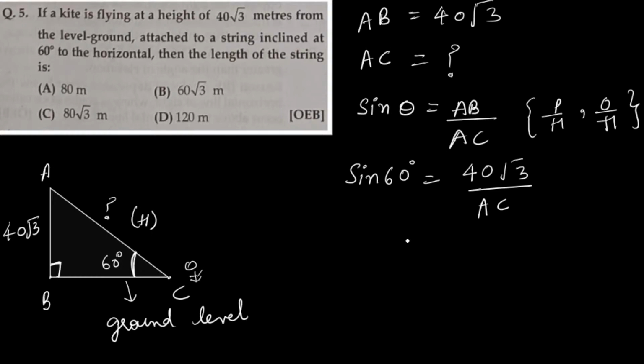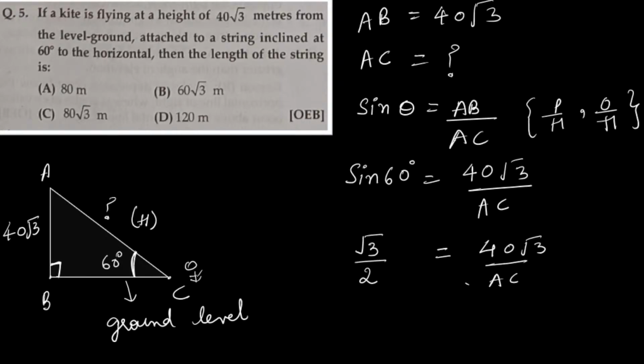Sine 60. What's the value of sine 60? The standard angles' values, I hope you all remember. Sine 60's value is root 3 by 2. You should remember all these values. Sine 60 is root 3 by 2, equal to 40 root 3 by AC.